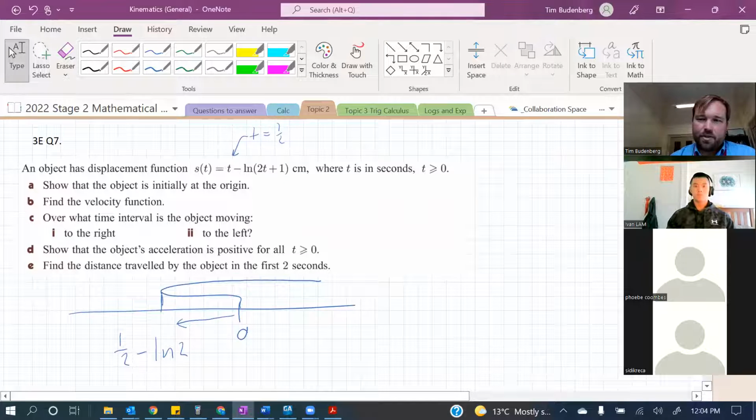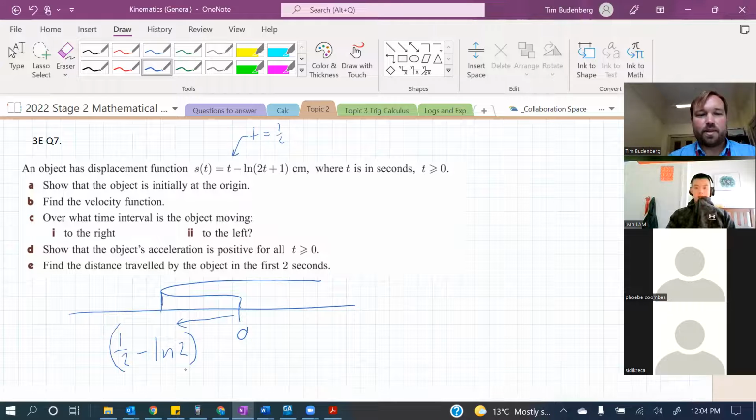So the distance from 0 moved to the left to the turning point is a half take ln 2. Okay. And in a decimal, that's 0.193.